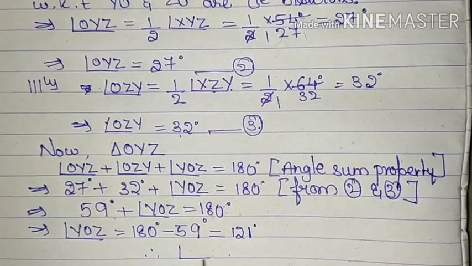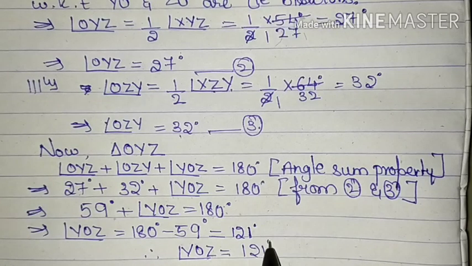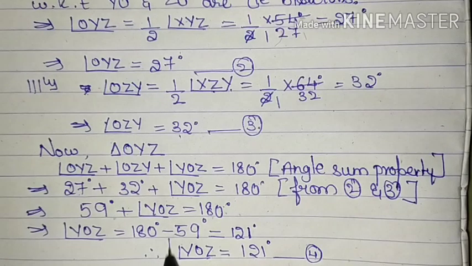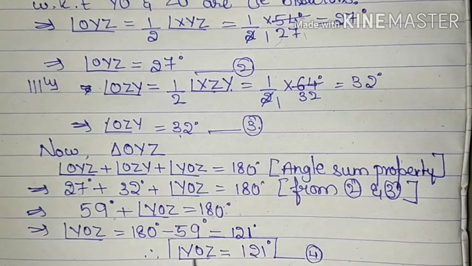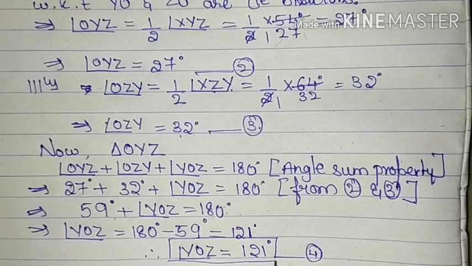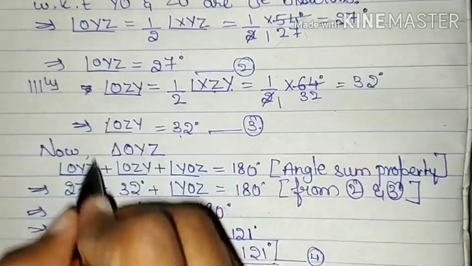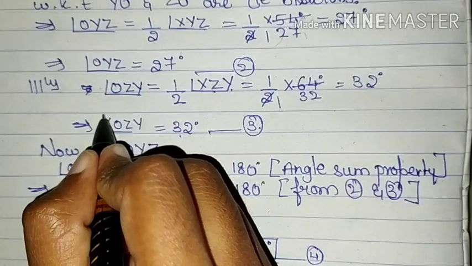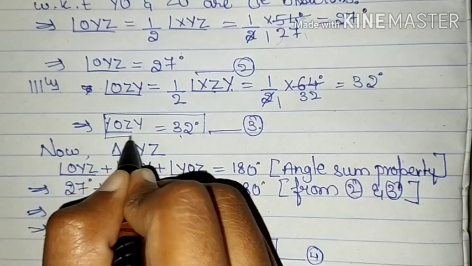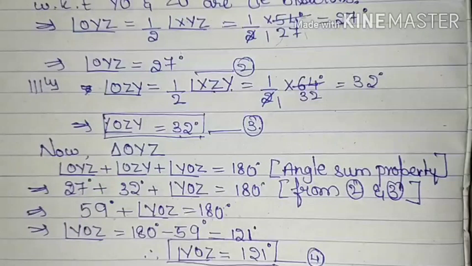Therefore, the value of angle YOZ is equal to 121 degrees. This is our required solution. We had to find the value of angle YOZ, which was equal to 121 degrees, and the value of angle OZY is equal to 32 degrees. This is our required solution for the second question.